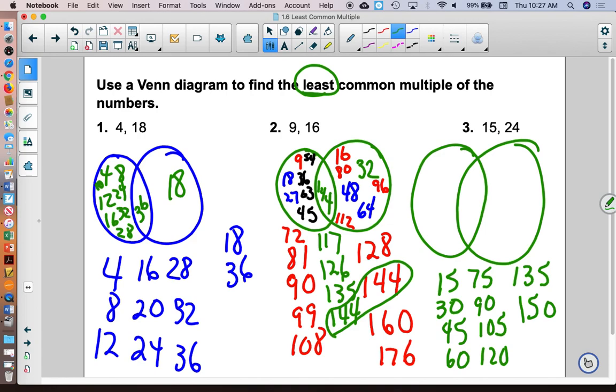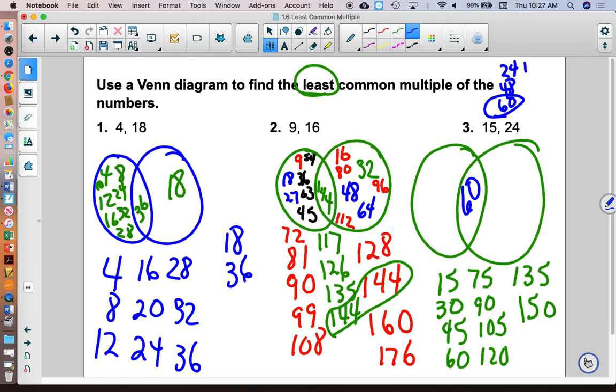I'm going to stop there. I'm hoping that 24 can go in. So 24, 48, 60... 108. No, not 60. Not 108 either. Woo, 60. Good.